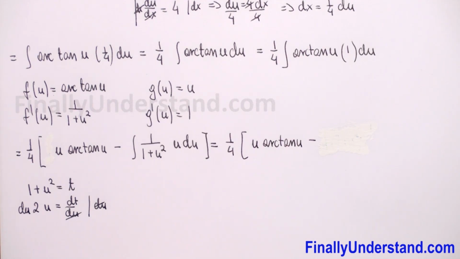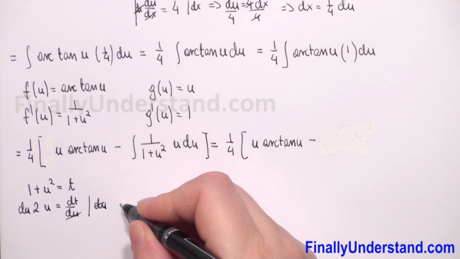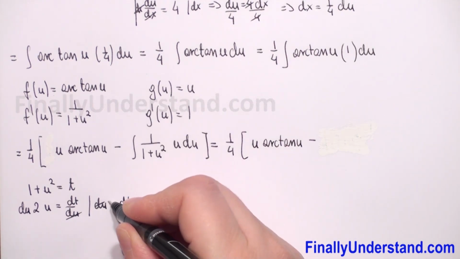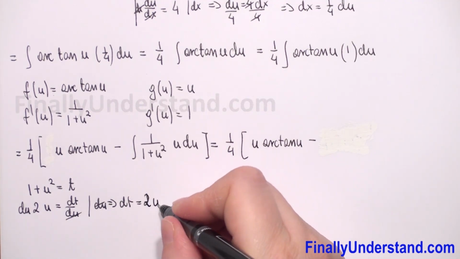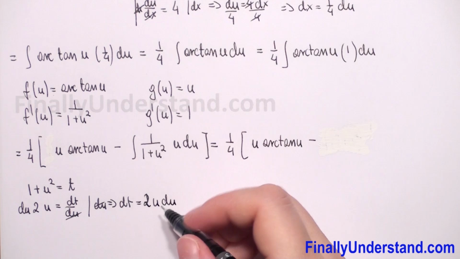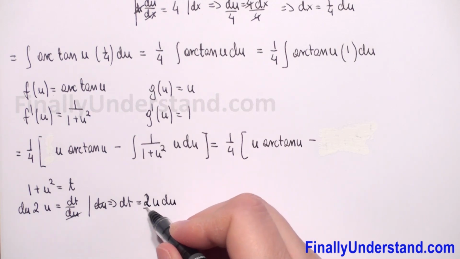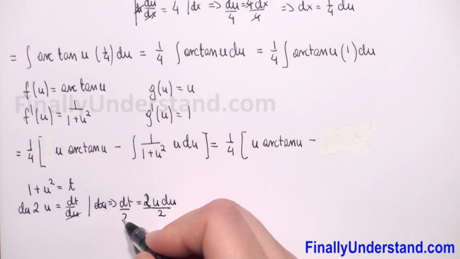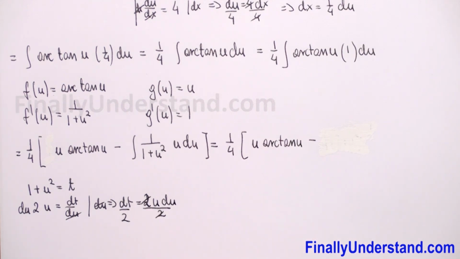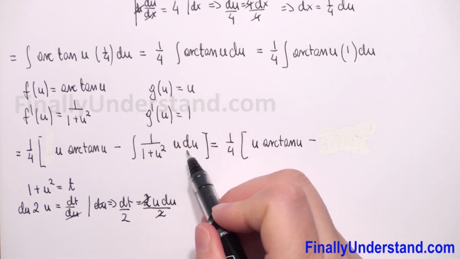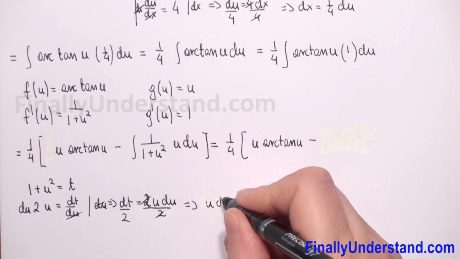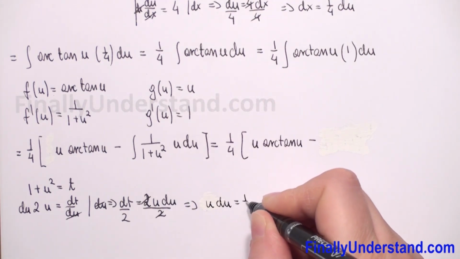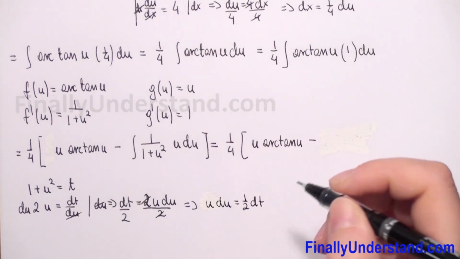So we have that dt is equal to 2u times du. So now we divide both sides by 2. The 2 and 2 will reduce because we don't have a 2 here, and we have that u du is equal to 1/2 dt.